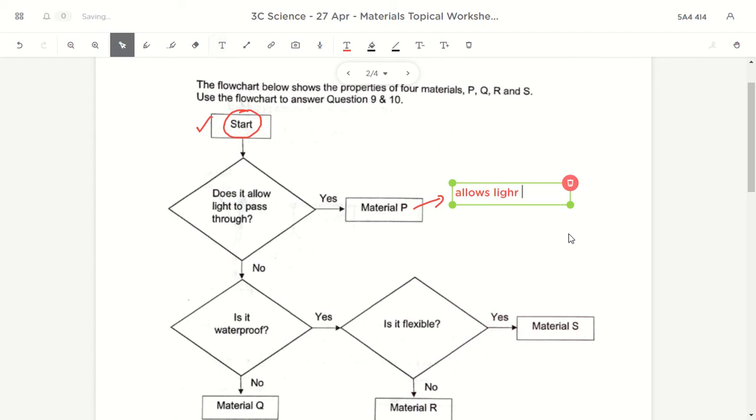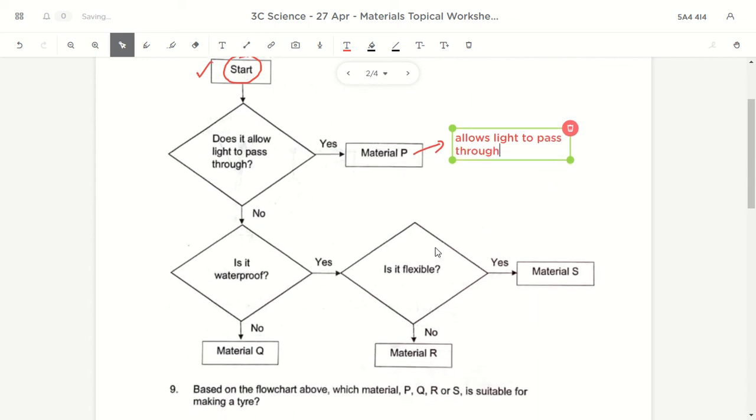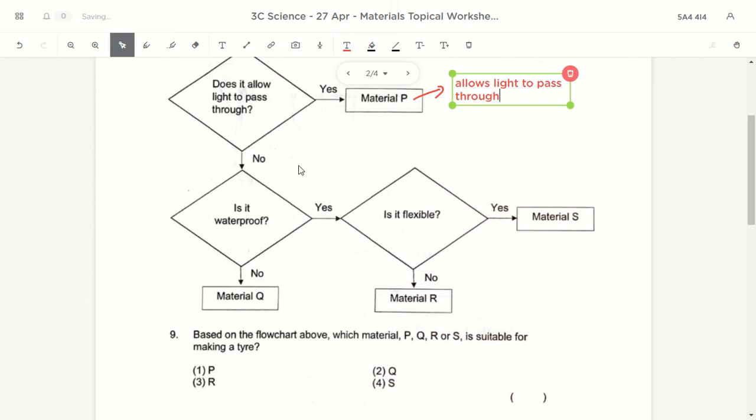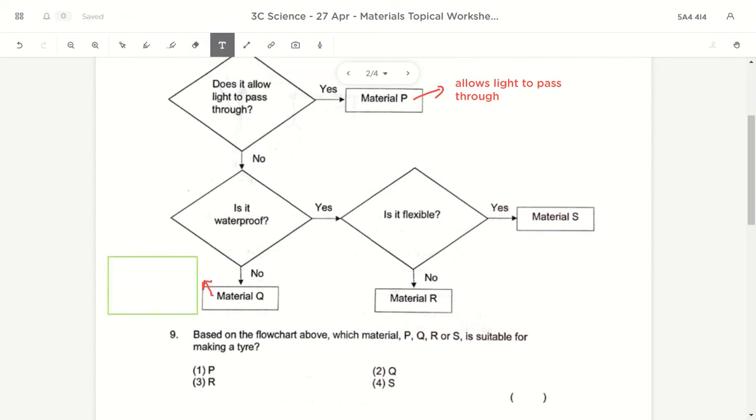Because once you know already, you can always write it down. Allows light to pass through. And then after that, for Q, I know it doesn't allow light to pass through. I know it's not waterproof. So again, same thing, write down over here. Let's just write shorter.